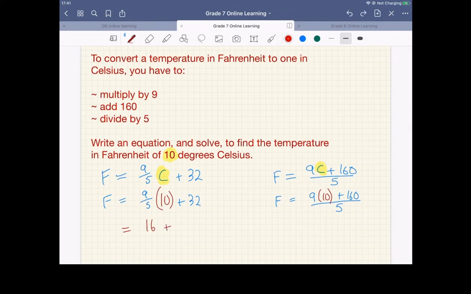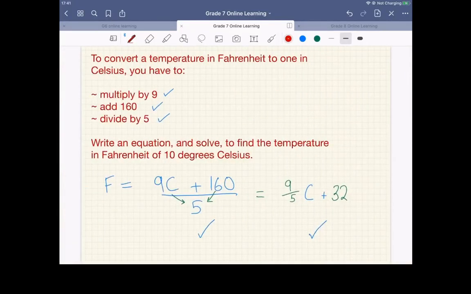Sorry, it's not 16 at all, it's 18. Again, I just checked that on my calculator. So F is equal to 50. Here we can say that F equals 90 plus 160 is 250 divided by 5. F is equal to 50. So in both examples, we now have the same answer.